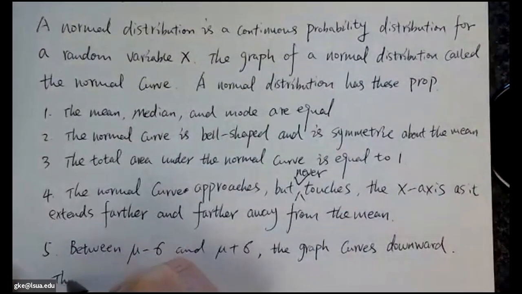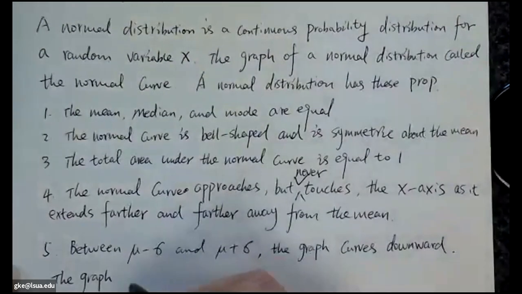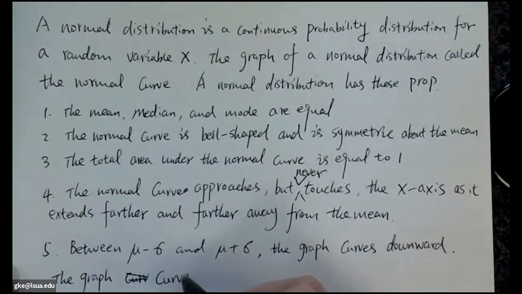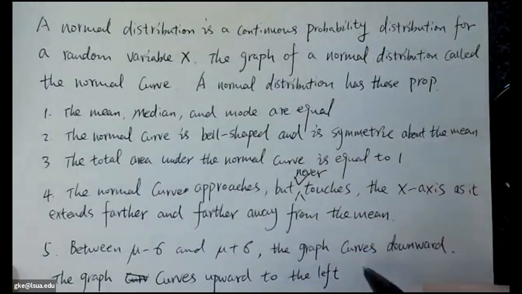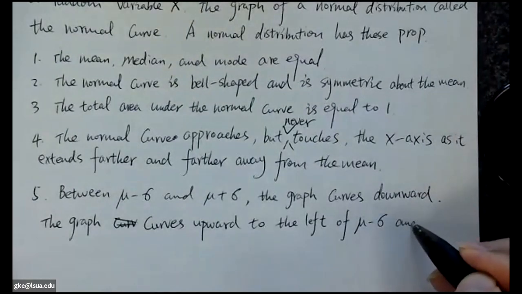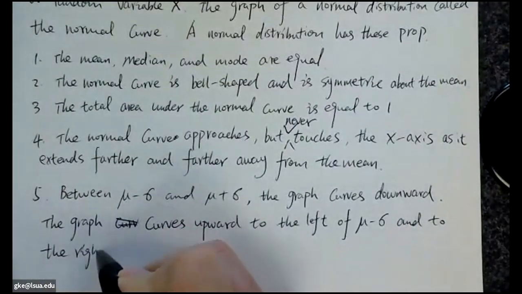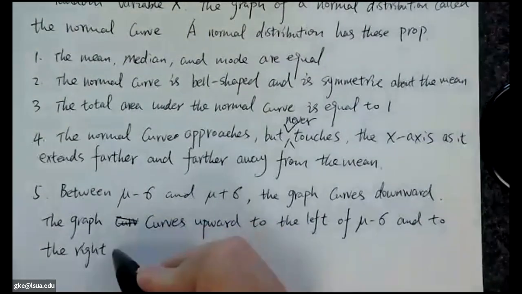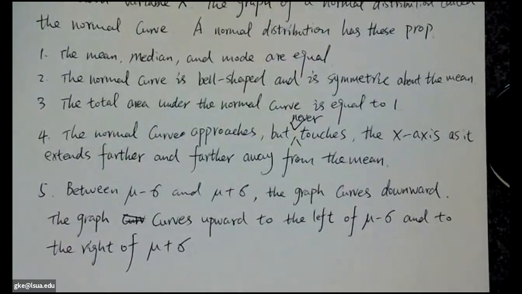The graph curves upward to the left of mu minus sigma and to the right of mu plus sigma. Okay, so we have total 5 properties.